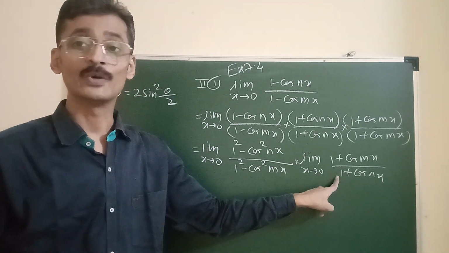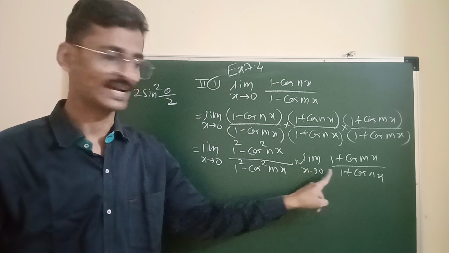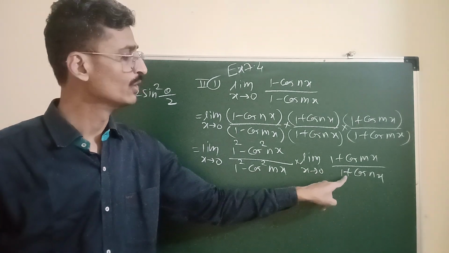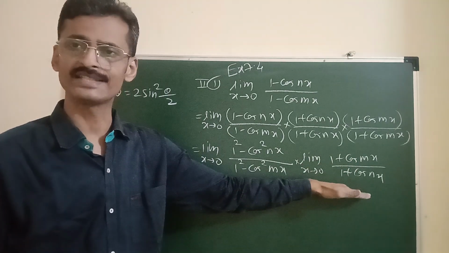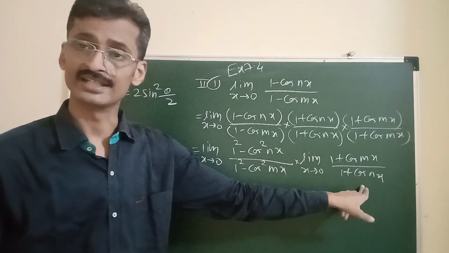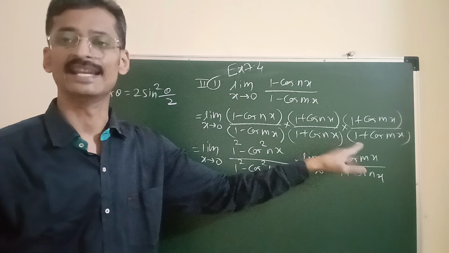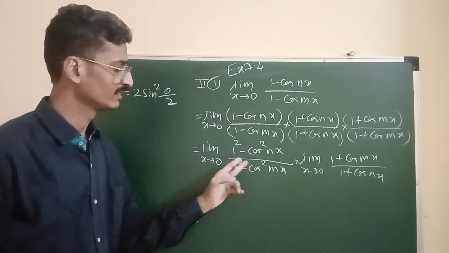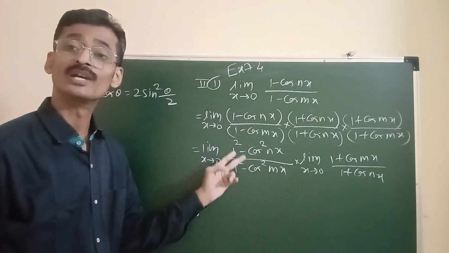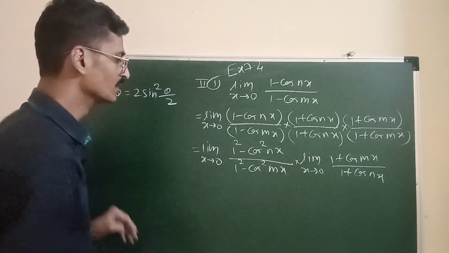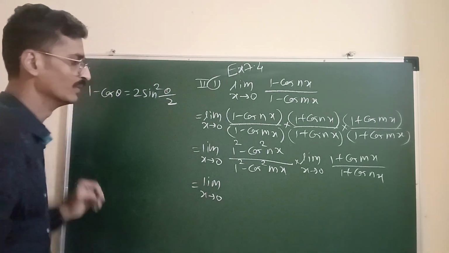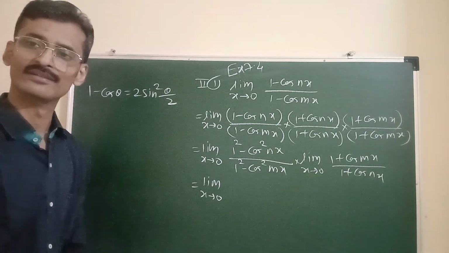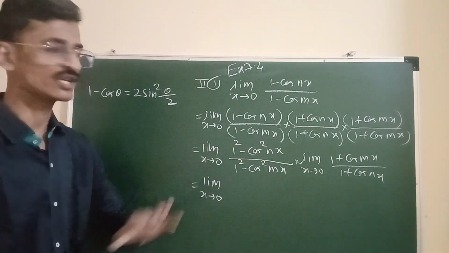What is the condition? We don't want 0 in the denominator. As here for x equal to 0 we are not getting upon 0, this is also not 0, but the main part is this. So as we are not getting 0 here, solve this directly. But here this will become 0 by 0, so we have to solve this. So limit x tends to 0, now 1 square is 1, so 1 minus cos square.